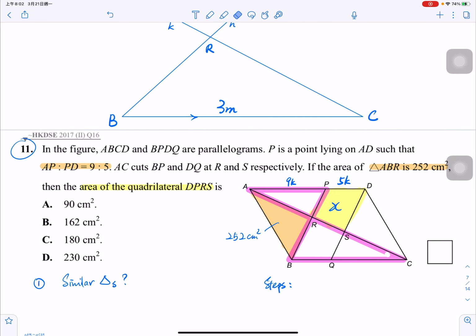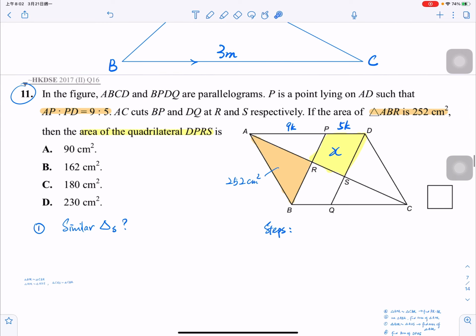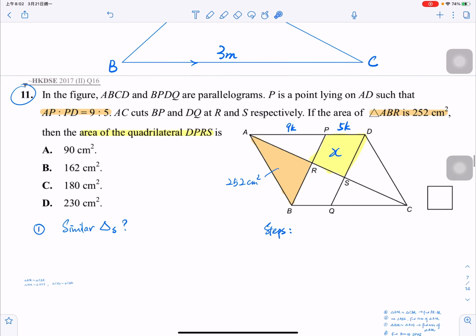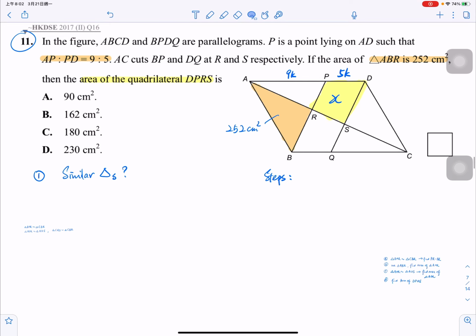Any other? Yes, here you see these two lines are parallel, so this triangle and this triangle are also similar. Any more? Maybe you say this one and this one, yes.